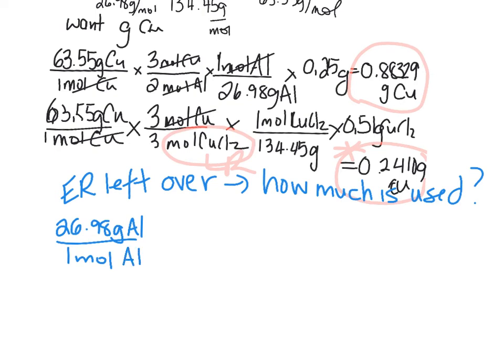Right? If I do this, my last unit should be grams of aluminum. So what is my ratio of aluminum to copper 2 chloride? 2 and 3.